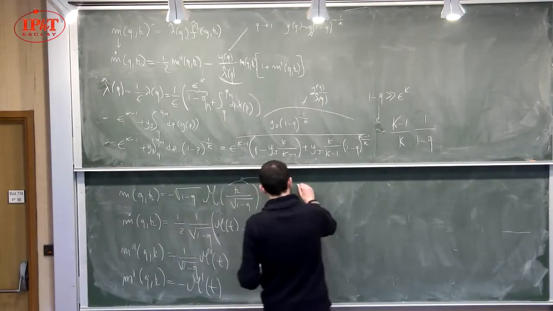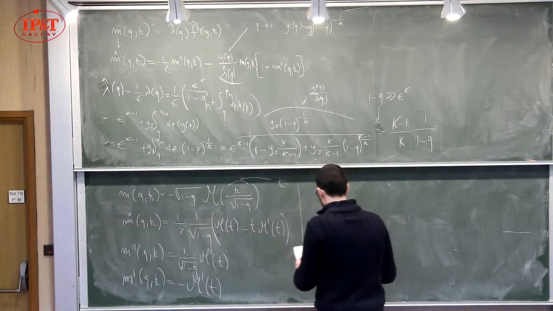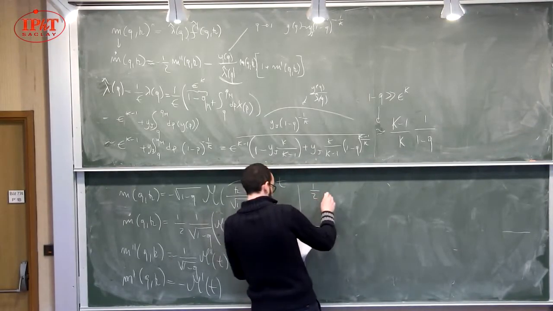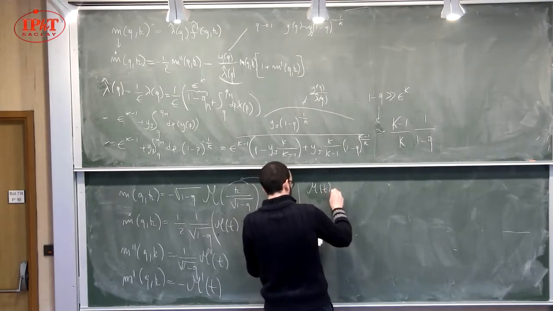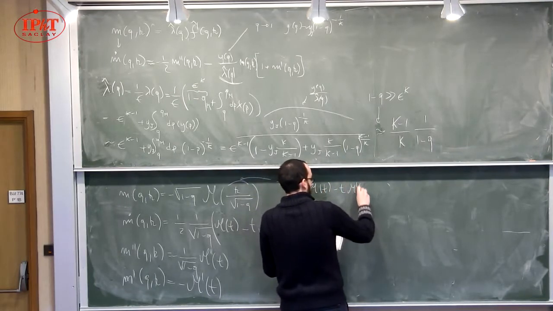Okay. And the scaling equation for m is, no, sorry. It's m of t minus t m prime.